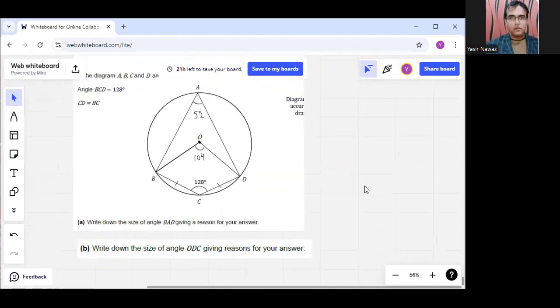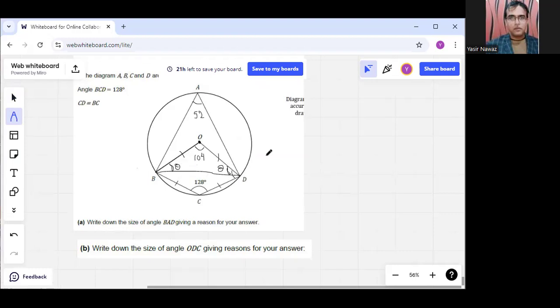Write down the size of angle ODC. To find this angle, I draw a straight line, and because this side is equal to this side, and one angle is 104, the angle here would be the same because the triangle is isosceles. If this angle is theta, this angle would also be theta.